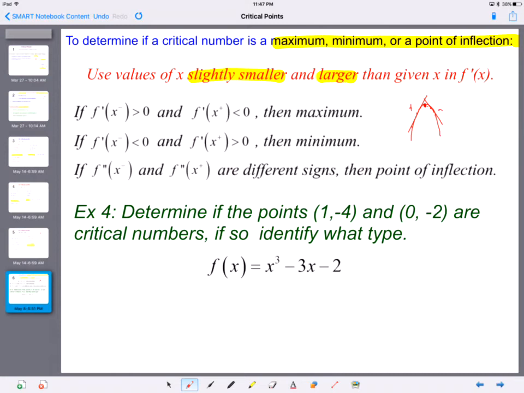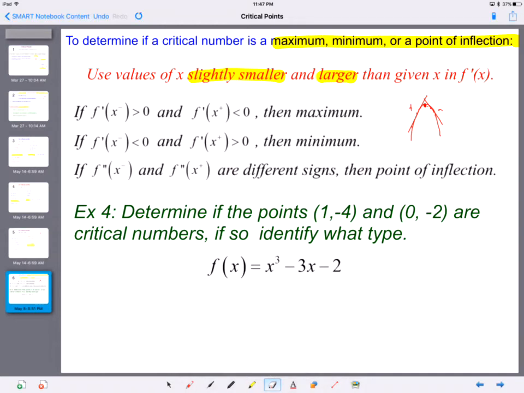It becomes negative. And so you're looking for that change from positive to negative to figure out whether it's a relative max or min. So let's think about this. If I look at the derivative to the left of x and it is greater than 0, that's kind of the example I have right here.